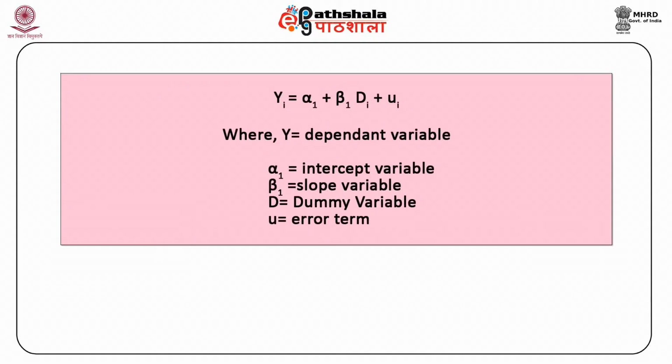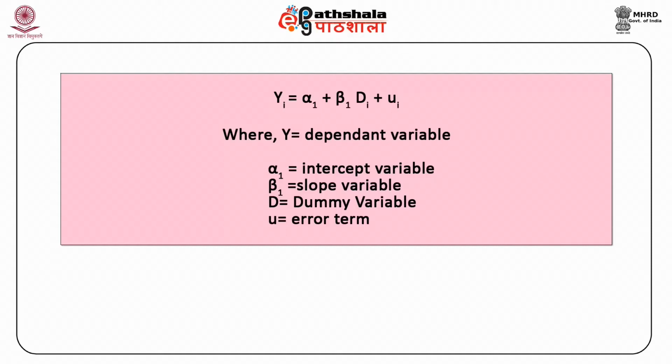Yi = α1 + β1Di + μi, where Y is the dependent variable, α1 is intercept, β1 is slope, D is dummy variable, and μ is the error term. As stated above, when D takes a value of 0, it shows the absence of the attribute. On the other hand, when D takes the value 1, it shows the presence of the attribute.